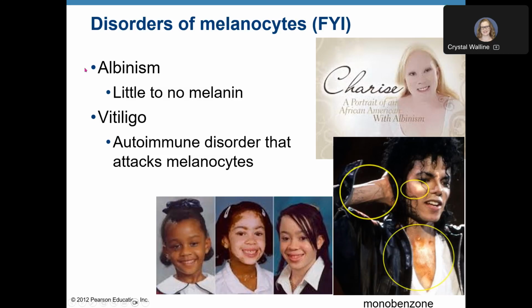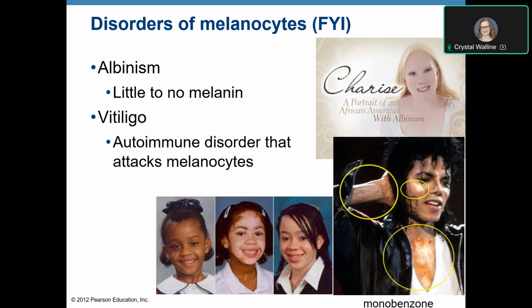In the case of albinism, the immune system becomes confused about the presence of melanocytes and thinks that the melanocytes are foreign, even though they're not. The immune system will start attacking these cells and killing them. And it results in the epithelium in that area having little to no melanin.